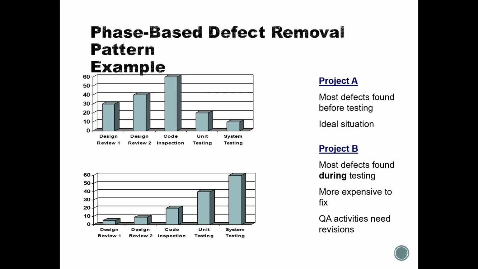Here, if we find most of the problems in system testing or unit testing, it means that we perhaps aren't doing as good a job as we should be. For example, on planning what to do this time, or what sort of changes or additions to do. Or, for example, we are too ambitious here.